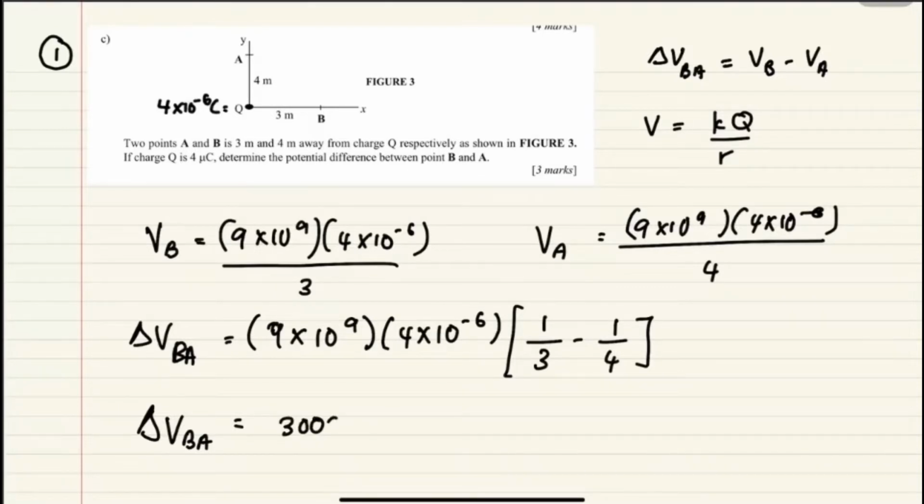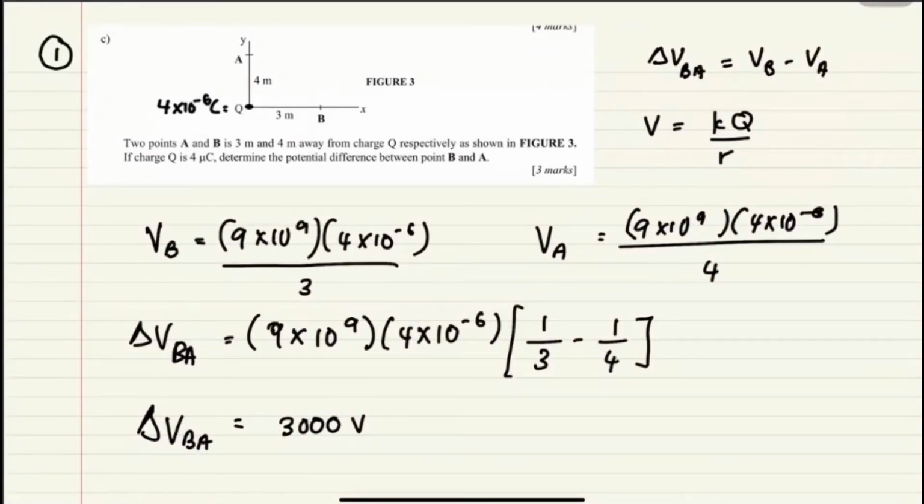Yes, sir. The same, right? So you get the answer. Okay, so no problem. Any question that you want to ask regarding this question? No, sir. Understood? Okay. So that one's for 1B and C.